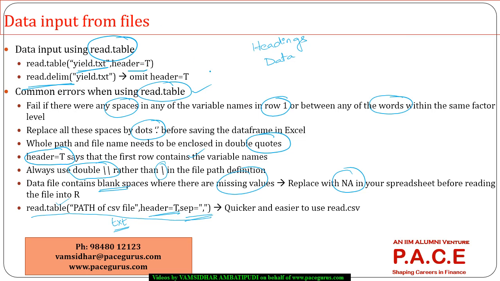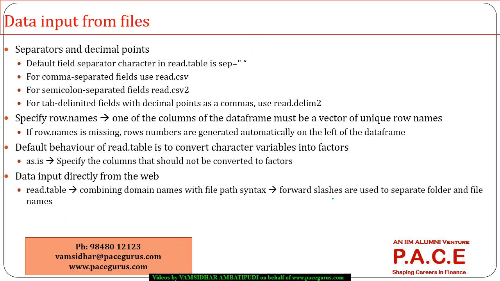But if it is a CSV file, compared to using read.table, I suggest that you should use read.csv because you don't need to set header equal to true and all those kinds of things when you are using read.csv. So that is the advantage that you will get while using read.csv.